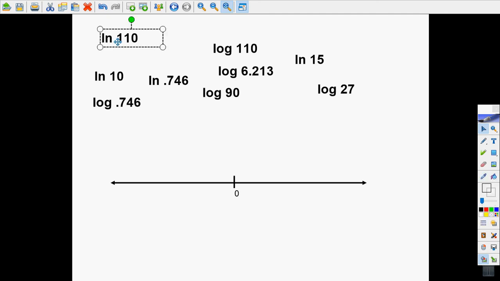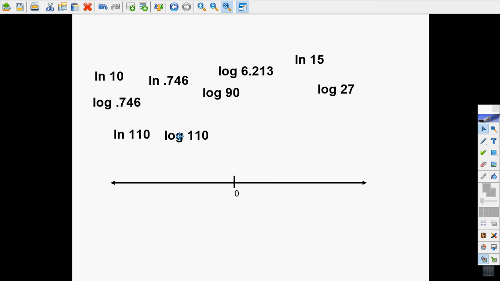So if we look at the value, is natural log 110 the same as or different than the log of 110? So this guy has a base e and this guy has a base 10. So we're saying e to the what power is equal to 110 versus 10 to the what power is equal to 110, right?